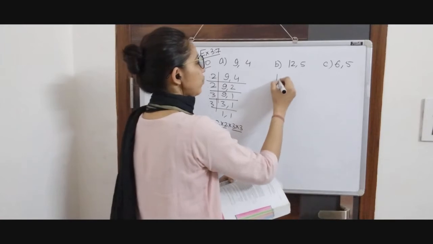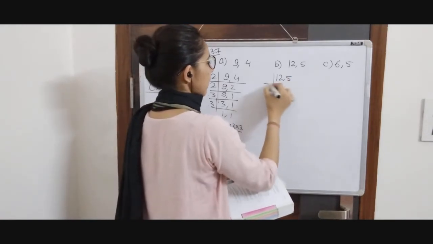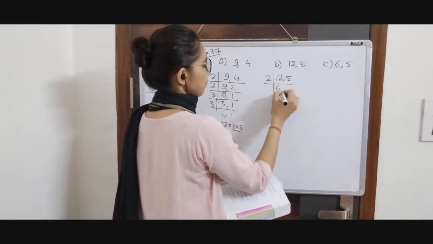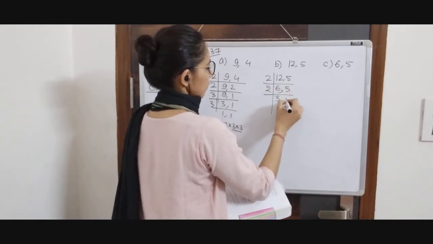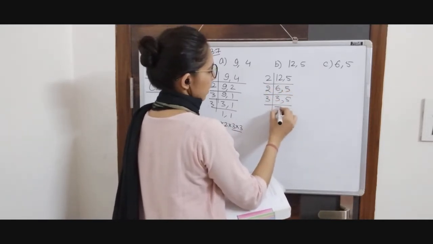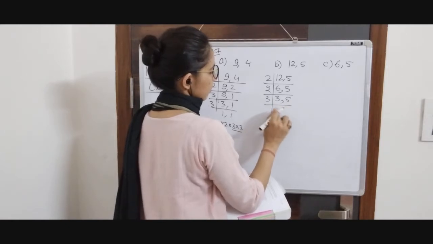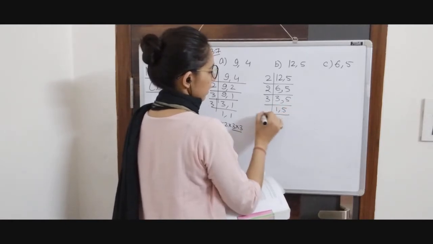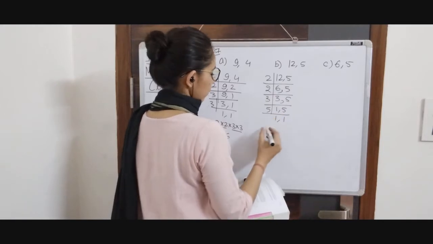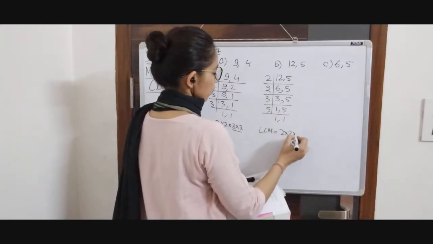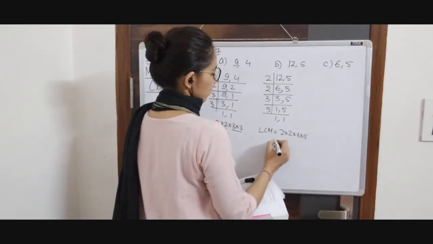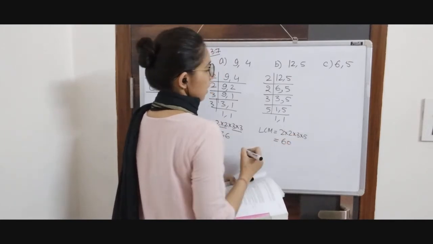Then for B 12, 5, we will start again with the least prime number. Then the next prime number and then 5. So LCM for these numbers will be 2 into 2 into 3 into 5, that is 60.